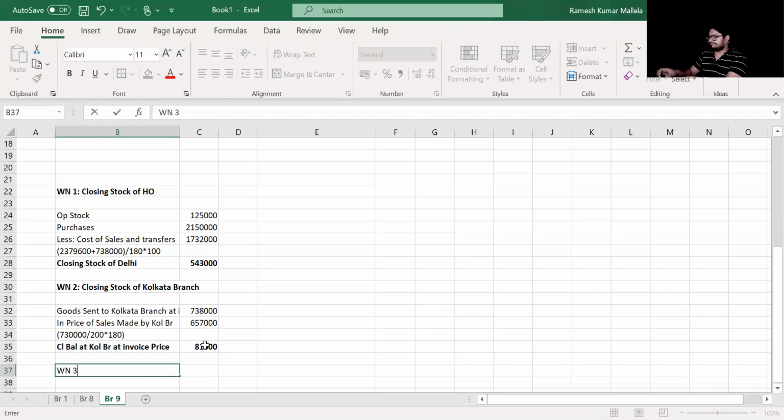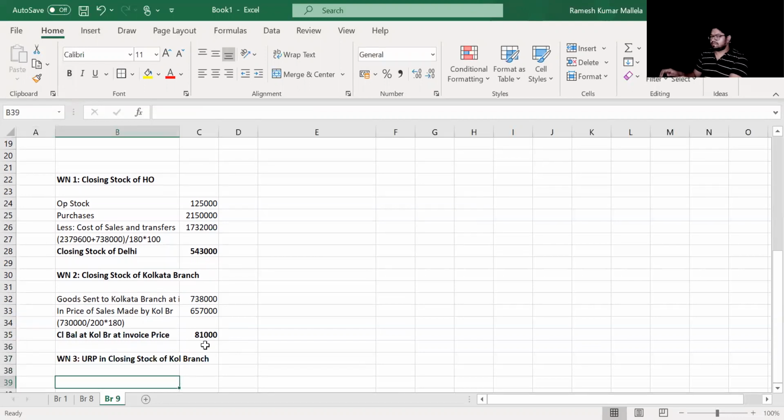Working note 3. URP in closing stock of branch, Kolkata branch. So this is the third working note. Okay. Invoice price of closing stock is equal to 81,000. Okay.